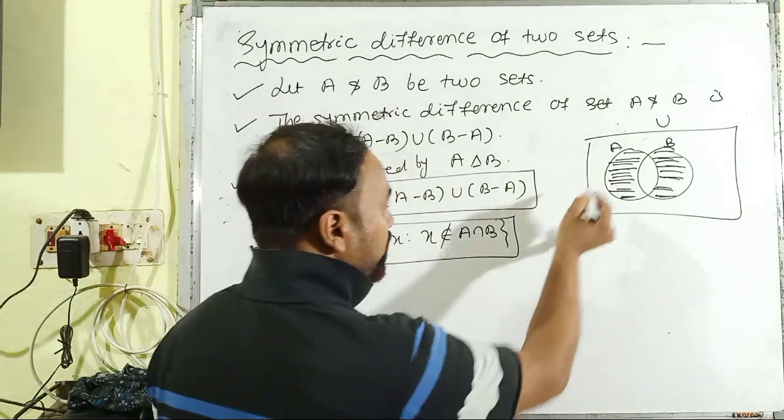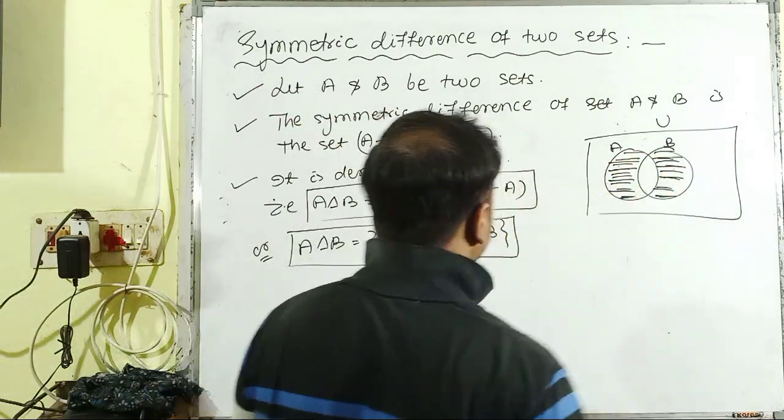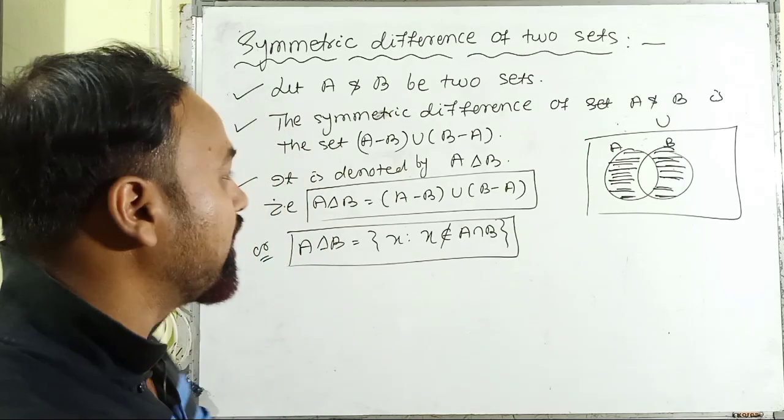Just we have to find out A difference B and B difference A, and then we have to find out their union.